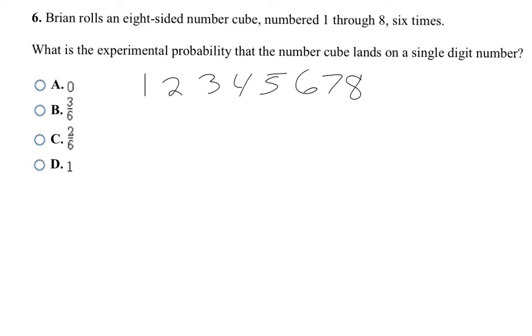Those are all single numbers. So no matter what he rolls when he's doing his experiment, he's always going to roll a single number. And so he rolls a single number all 6 times out of 6. 6 over 6 reduces to 1. So that means the probability here is D, 1.